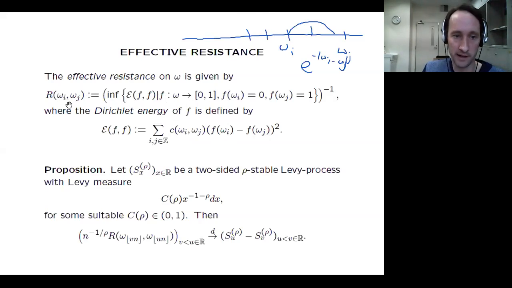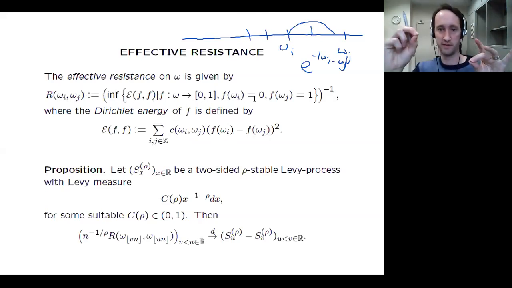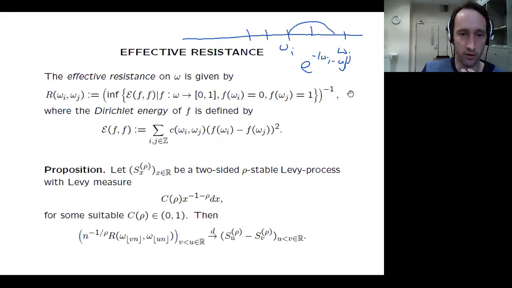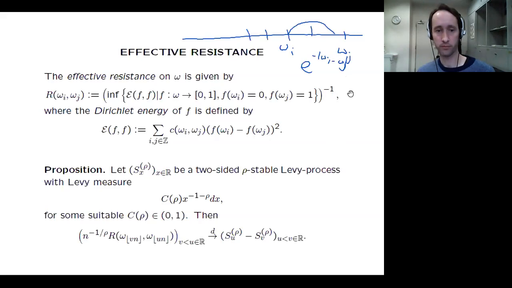And the effective conductance is given by holding the two vertices of interest at voltage difference 1 and asking what's the minimum energy dissipated. And 1 over that is the effective resistance. So this is just the usual variational characterization of effective resistance.